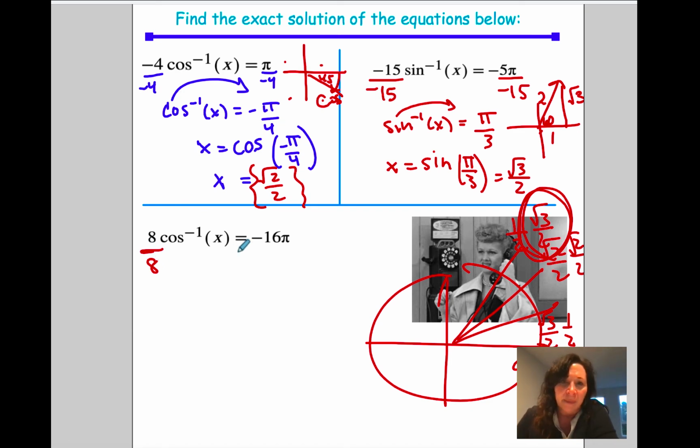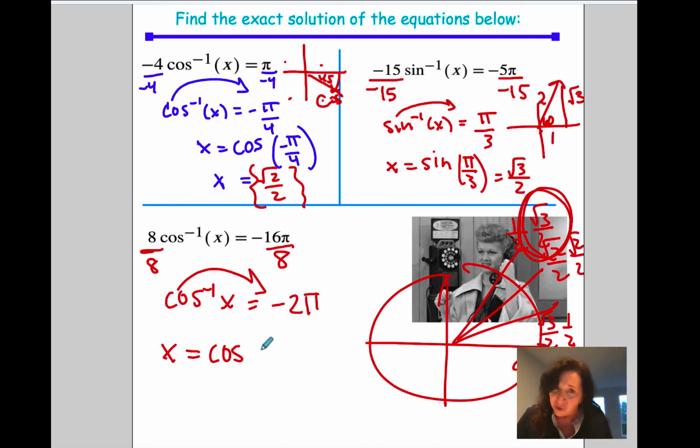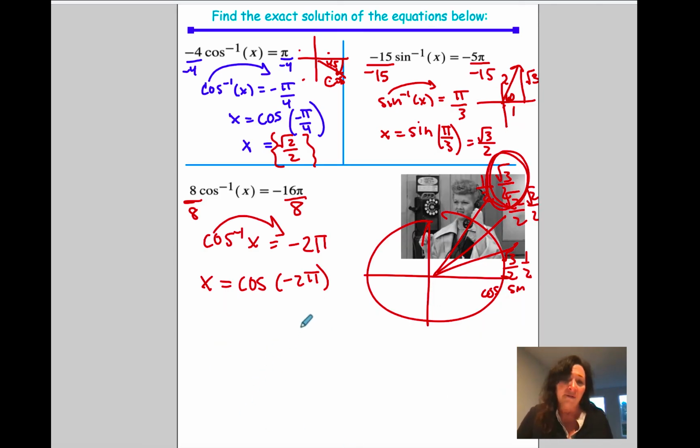Divide by 8, divide by 8. I'm going to get arccosine x is equal to -2 pi. And so now I have x equals cosine, not arccosine, cosine of -2 pi. And this is saying, what is cosine of -2 pi?